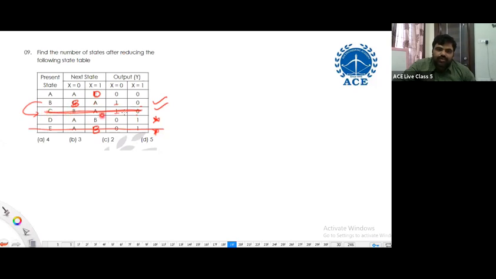So I'm removing C. Wherever C is there, I'm writing B. Because B and C are same, you are confirming. Once you are writing B, what are we writing here? AB and 0101, these two can be merged. Then I'm removing E. Wherever E is there, I'm writing D. That's it. After that, if you're observing, there is no possibility for further merging.